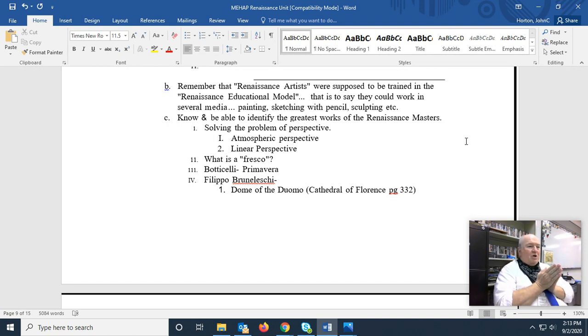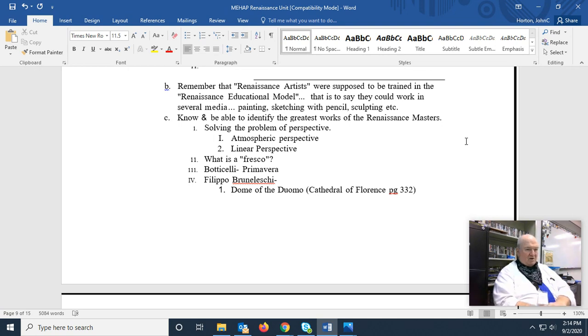All right, so know and be able to identify the greatest works of the Renaissance masters, things like the Mona Lisa, which we'll look at in a minute. But before we do that, what separates Renaissance art from art of the Middle Ages?